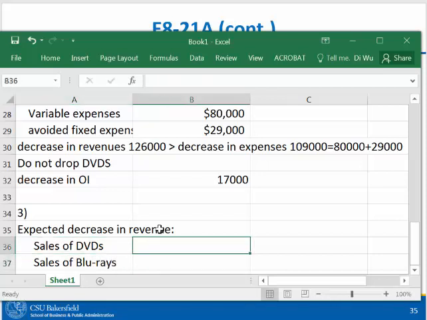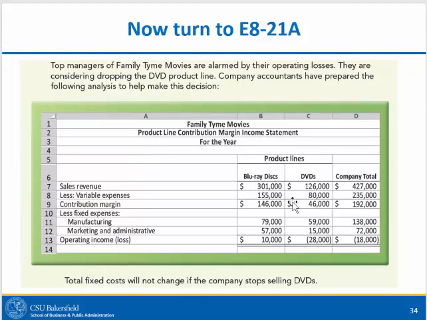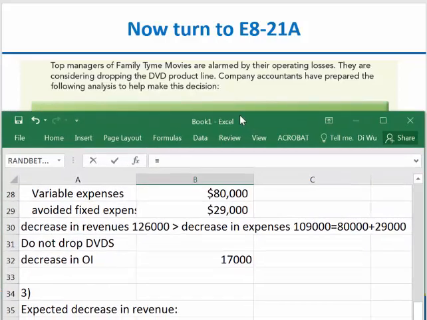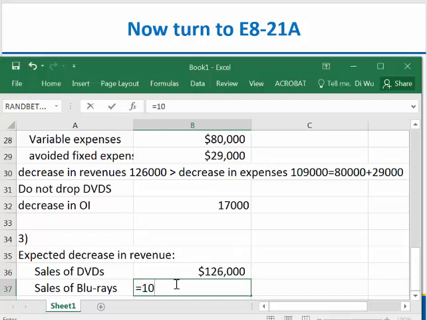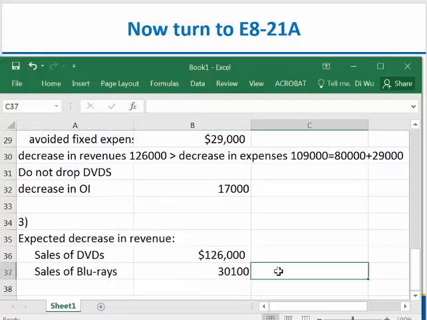For DVD, it's still 126,000. For the Blu-ray, we're looking at 10% less, so I'm going to multiply the 301,000 sales revenue for Blu-ray discs by 10%. Then I'm going to add these two numbers to find the total decrease in revenue.